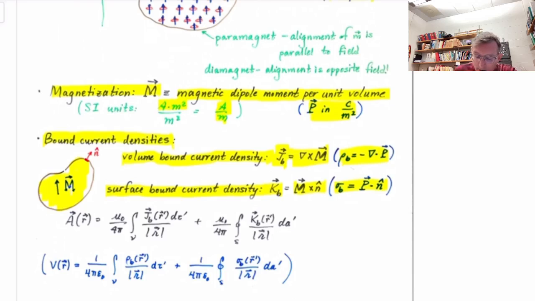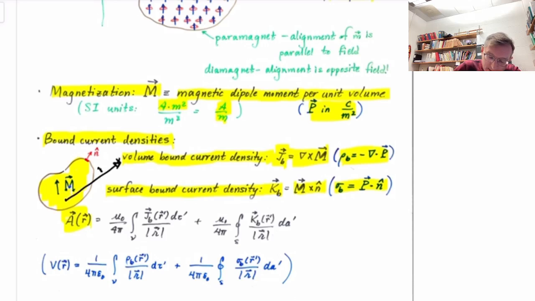Then, knowing what the volume bound current density and the surface bound current density are for the given magnetization, you can calculate the magnetic vector potential at any point. You've got some origin somewhere out here.